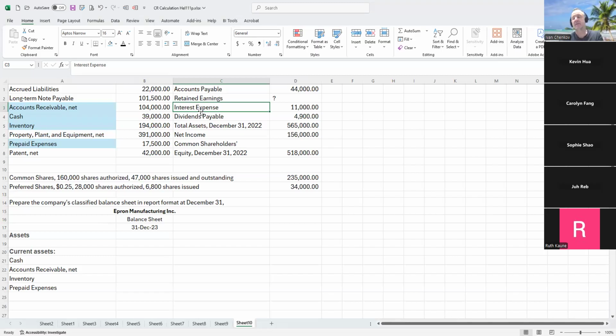I know it's late in the day. But tell me, where can I find interest expense on the balance sheet? Liability? Equity? Asset? Interest expense, people. Where can I find it?